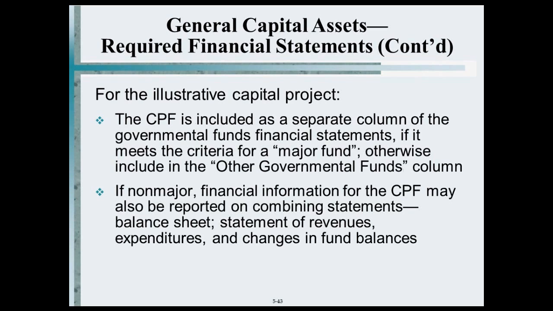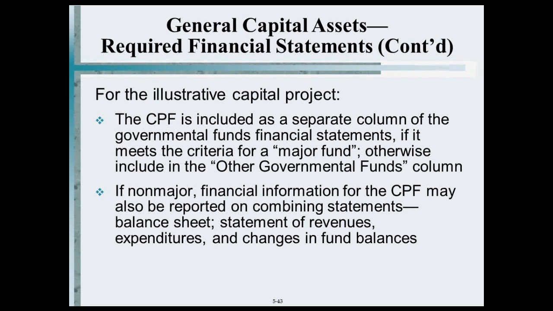Okay. Couple of things. Capital projects fund, so you have several capital projects funds. Remember I said each one has a little separate column of its own. How do you decide which one should have a separate column? In order for a capital projects fund to have its own column, what does it have to be? A major fund, right?